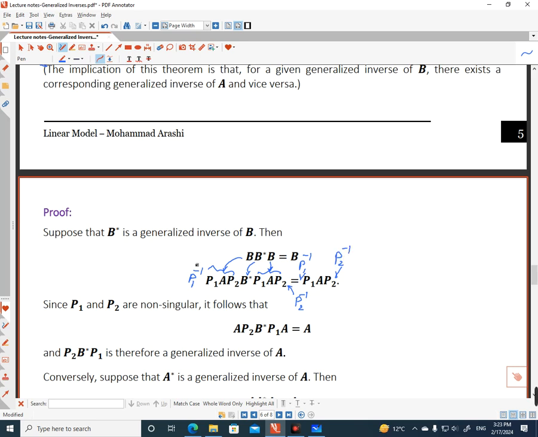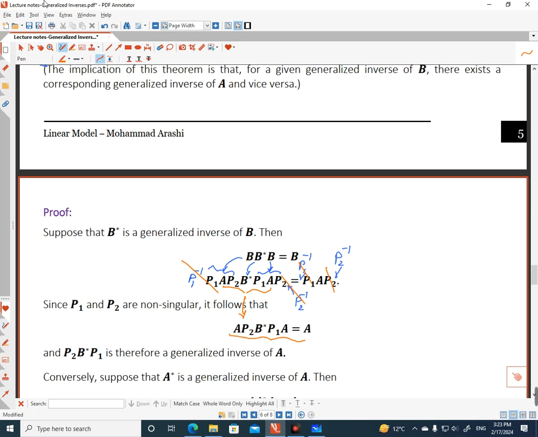Then these two vanish, this one vanishes, you have this one, you have this one, so you will get this expression, which is what remains here.